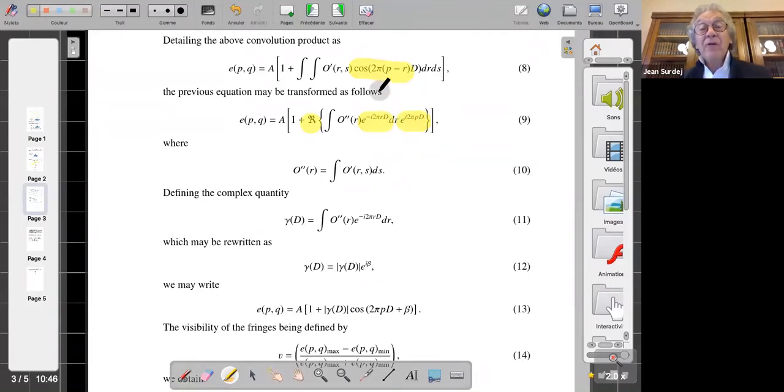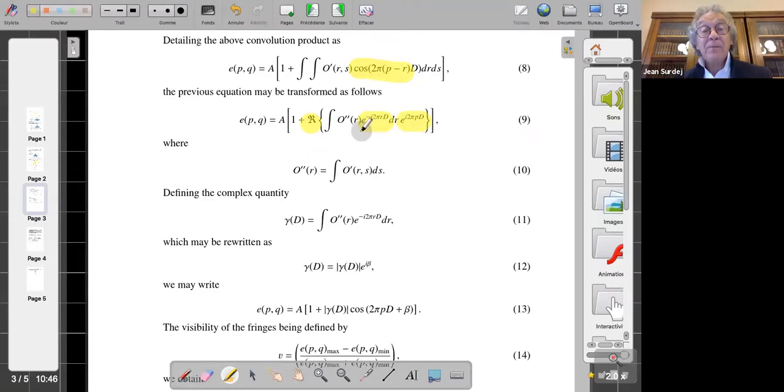You have first the 2 pi pd that you see here with a minus sign, 2 pi rd minus 2 pi rd, and then the other one, 2 pi pd, appears here. And this second factor may run away from the integral because it doesn't depend on the variable r.